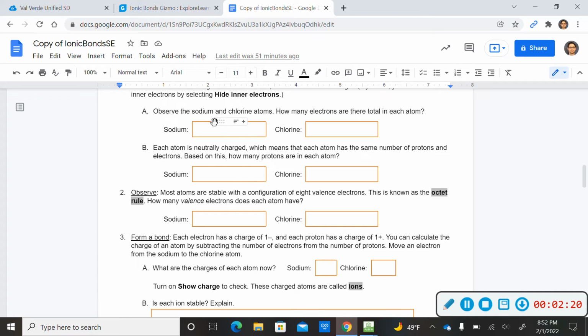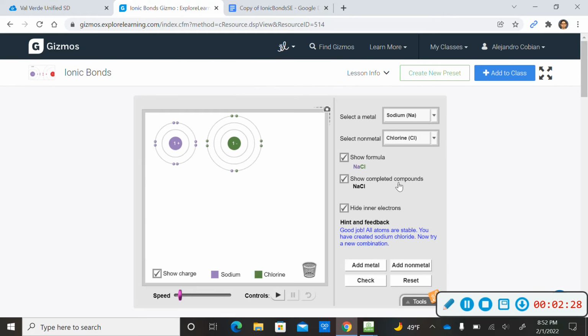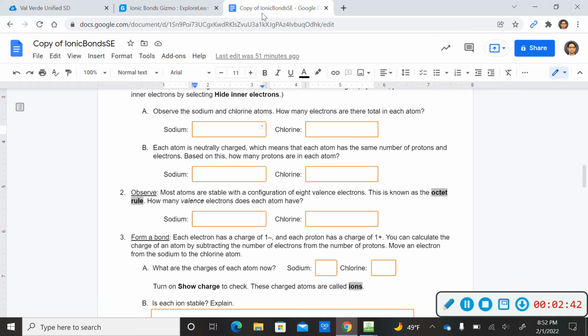So in this situation, we're just asked to label the total number of electrons for each atom. For sodium, for instance, we're going to reset this, and we're going to go ahead and show our inner electrons. You notice we have 1, 2, 4, 6, 8, 10, and 11 electrons on sodium.